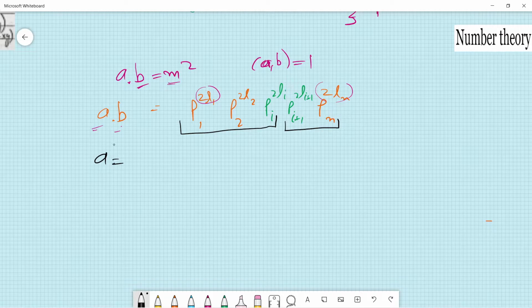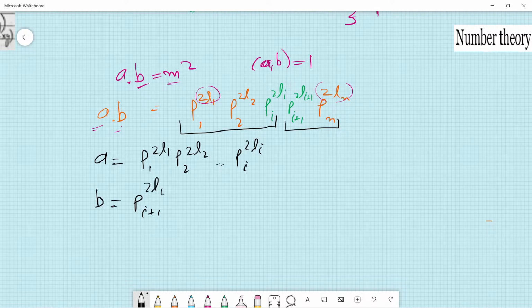So a can be p1^2l1 p2^2l2 ... pi^2li, and b will then be pi+1^2li+1 ... pn^2ln.